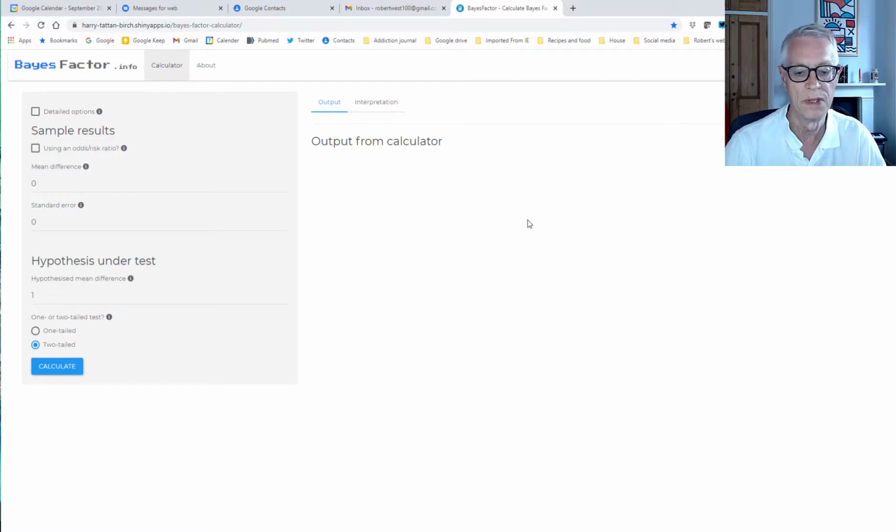For example, if you've got a randomized controlled trial with an active treatment and a control, then what you're often interested in is whether the active treatment is more effective than the control, which might be a placebo, for example.